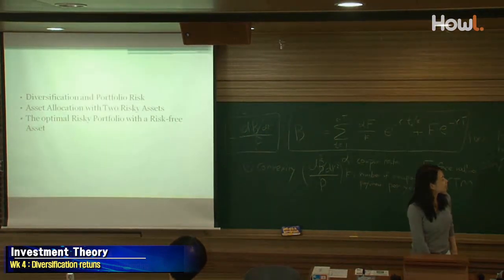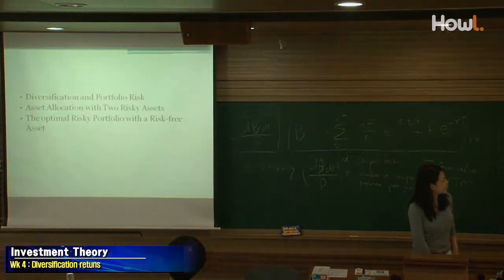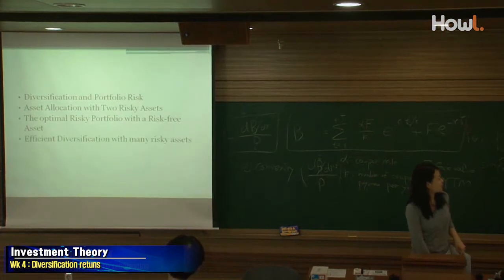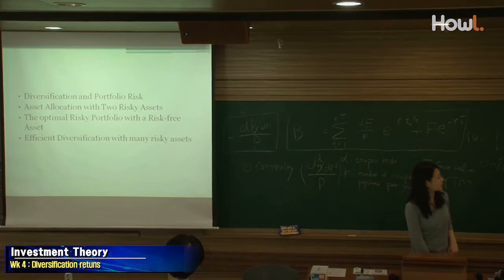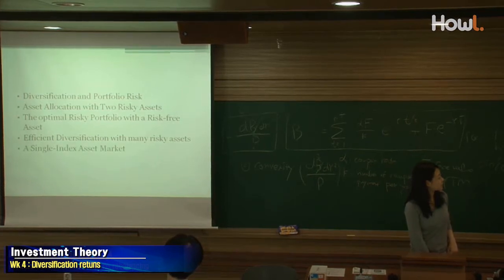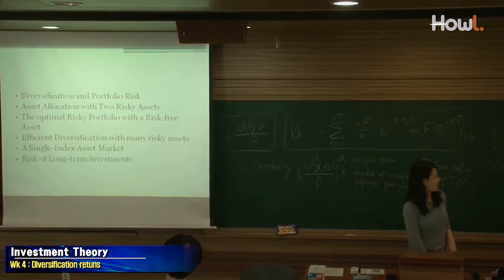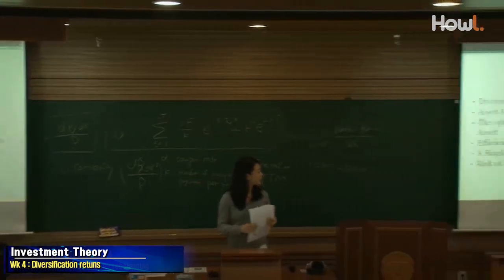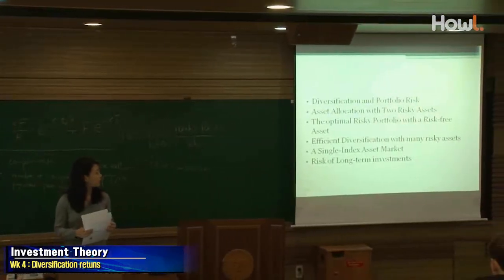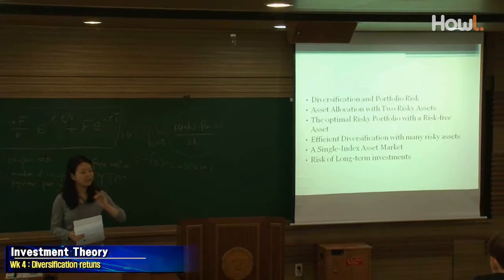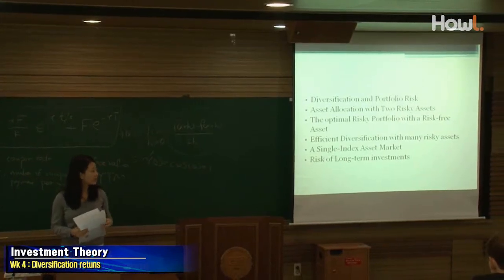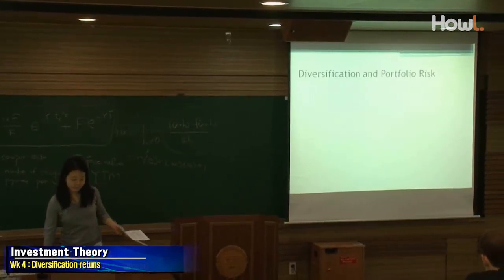And thirdly, the optimal risky portfolio with a risk-free asset. And fourth, efficient diversification with many risky assets and a single index asset market. And finally, I'll talk about the risk of long-term investments. So this is the outline that I'll cover today.